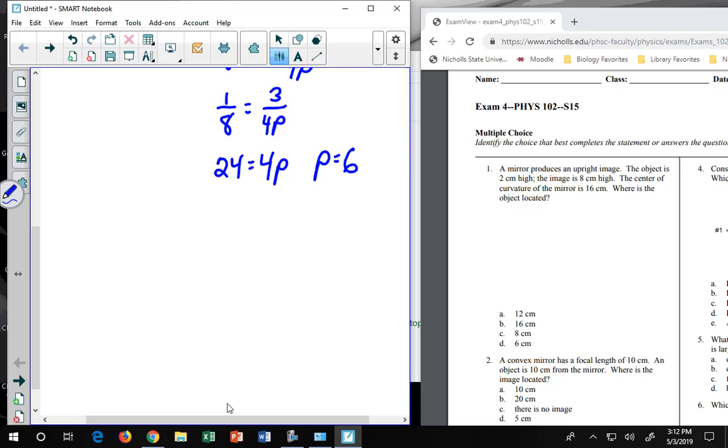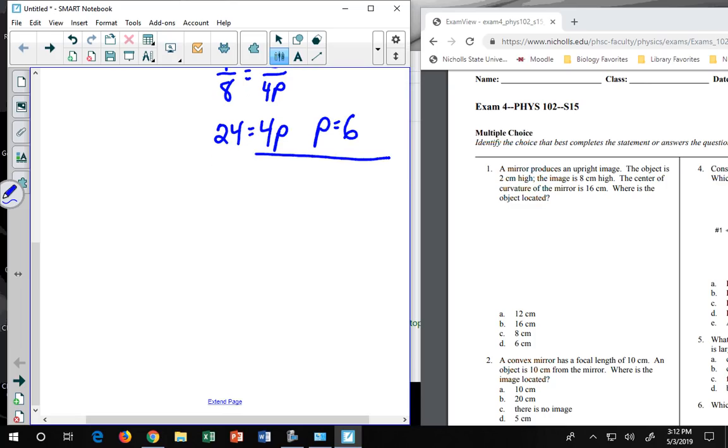Everybody got this okay? All right, so for mirrors, we have 4 situations. That's my concave, the 3 concave scenarios.